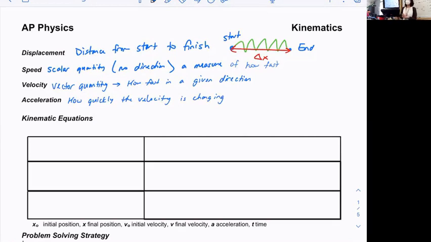Something to note is that displacement and velocity show which way you're going. So delta x and v show the direction you're going. The sign of acceleration indicates if you're going to speed up or slow down.